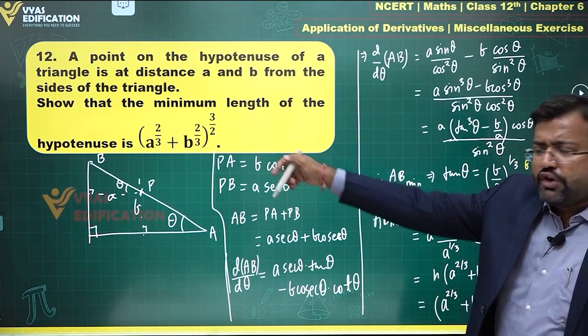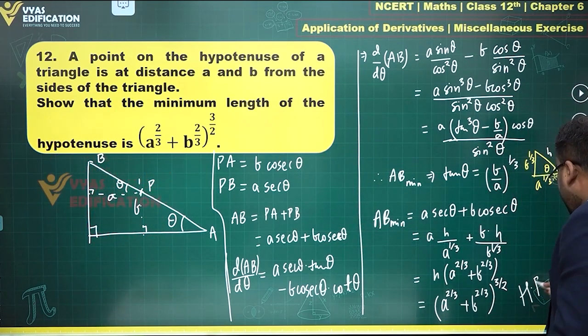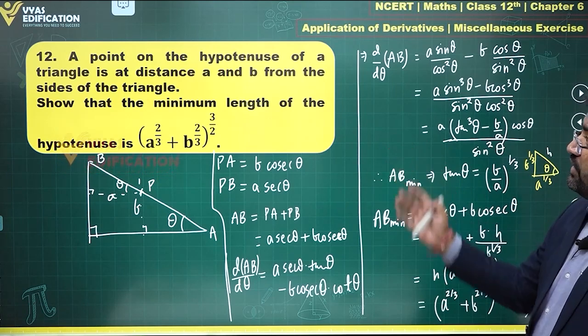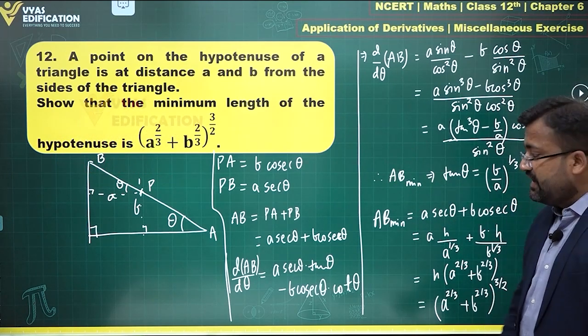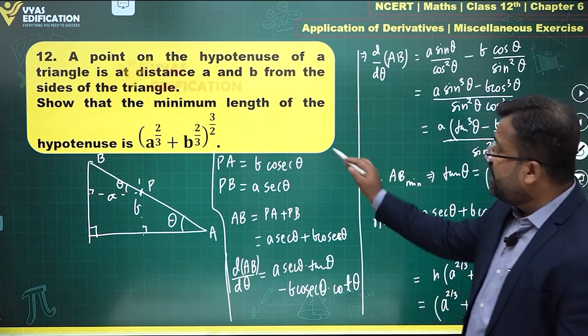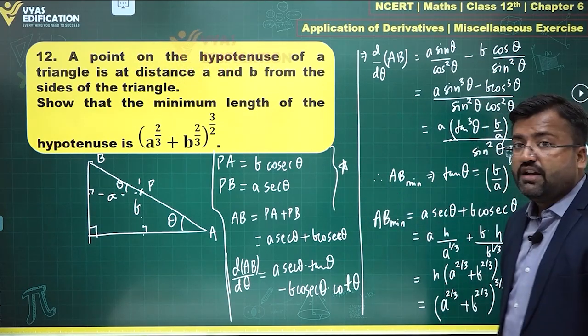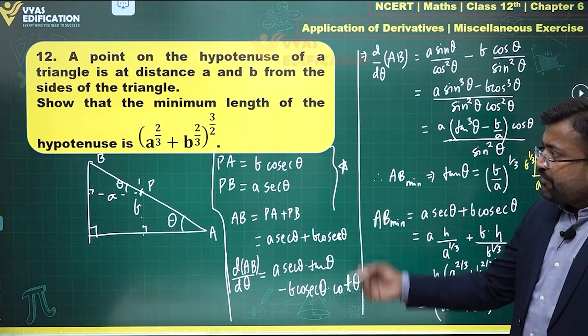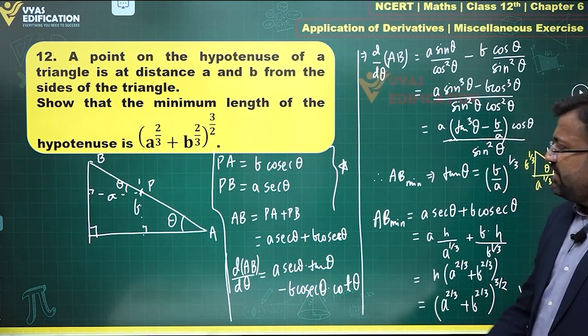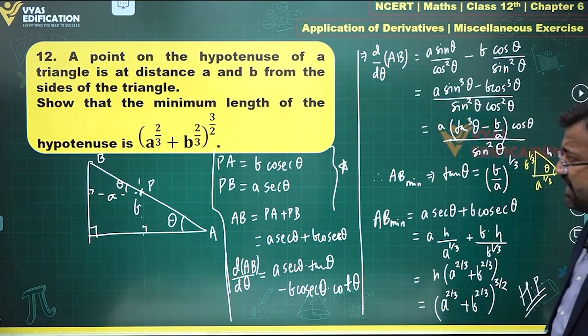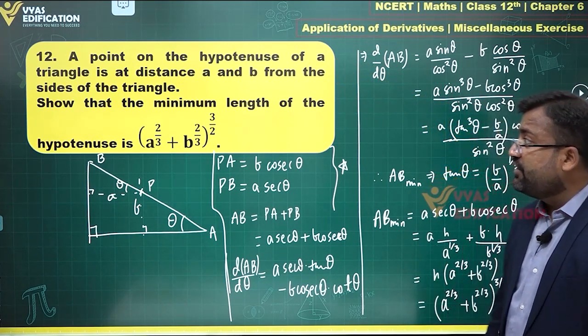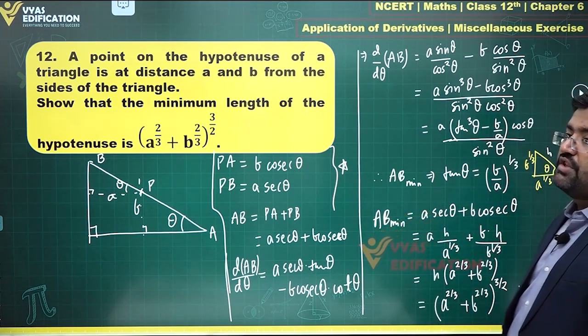And yes, this is what we wanted to prove. That's the complete proof, the complete solution of this 12th question. Very interesting steps which you need to take care of. You could have moved in the direction of coordinate geometry as well, but still we would need that theta for minimizing the length of the hypotenuse.